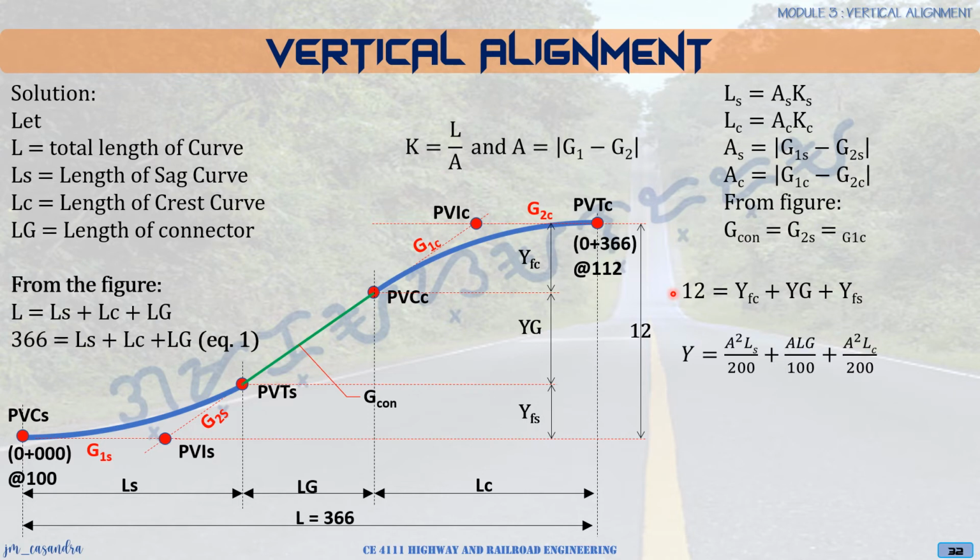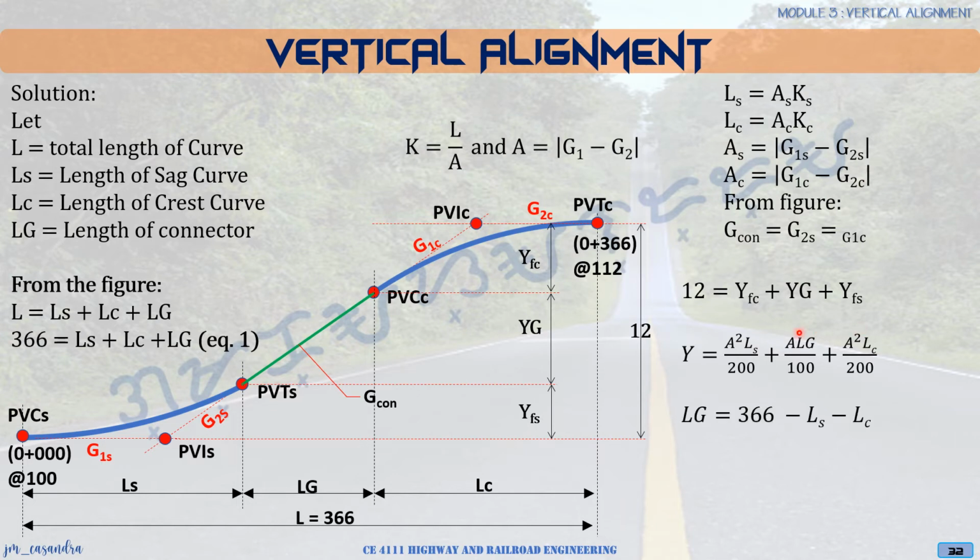For our values of y, it is equal to A squared LS divided by 200, plus A LG divided by 100, plus A squared times LC divided by 200. So it's just computation using grades.